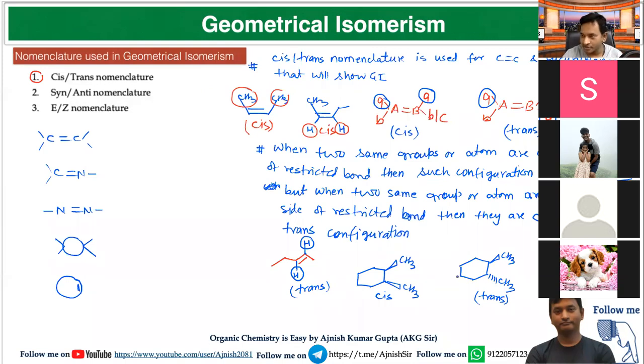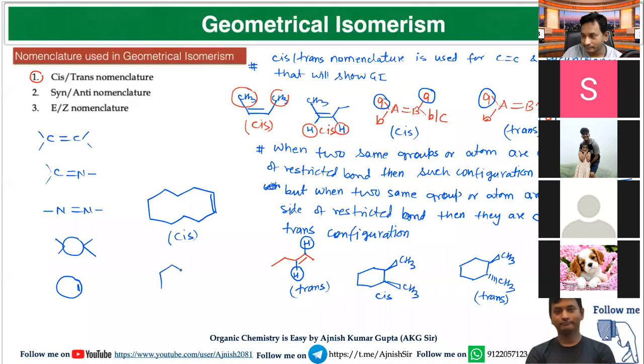Can you solve such a question if asked in the examination? Yes, sir. Now think for this. I'm taking a ring with 10 carbons. If I place a double bond at this position, is this cis or trans? Cis, because both hydrogens are on the same side, so this molecule is called cis.